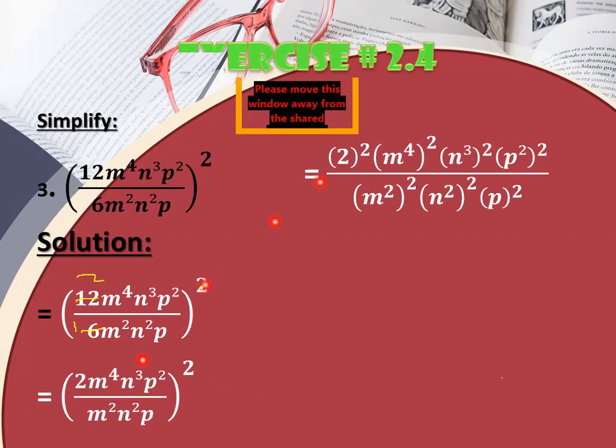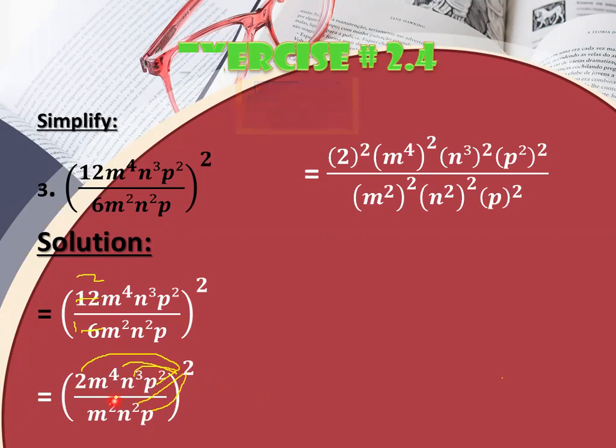So this numerator will get this power 2, meaning you will give this 2 to each number, each one of them. So 2 will become 2 raised to the power 2, then m4 whole power 2, then n cube whole power 2, then p cube, then p square whole power 2, then m square whole power 2, n square whole power 2, and then this p square.